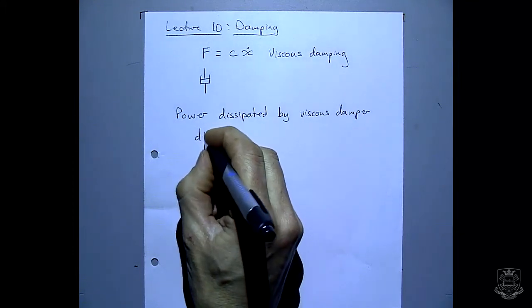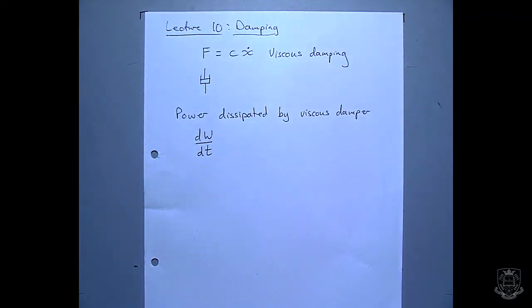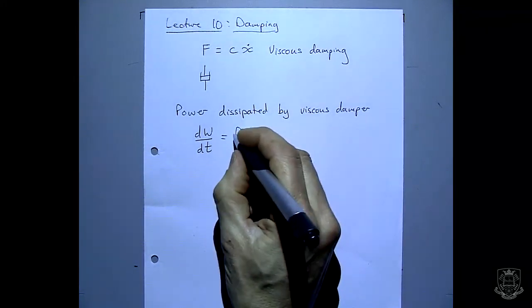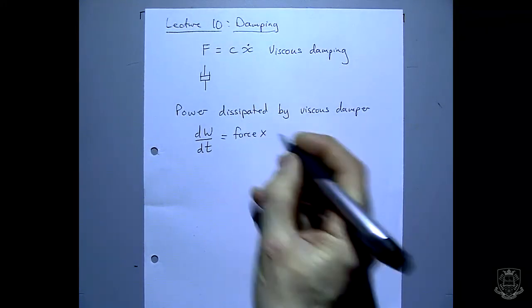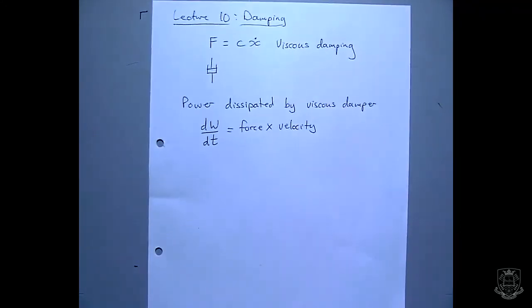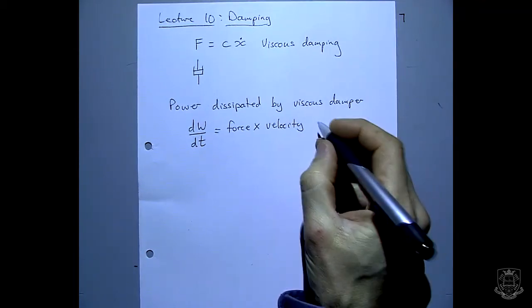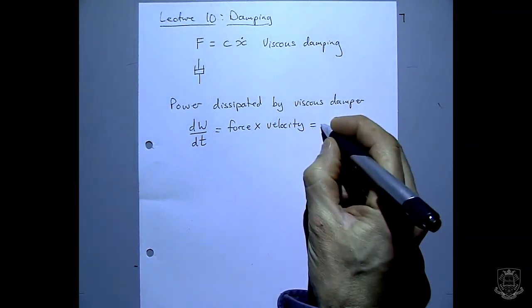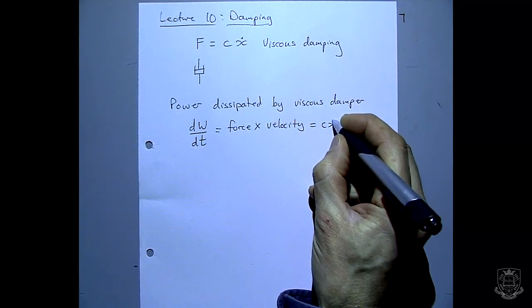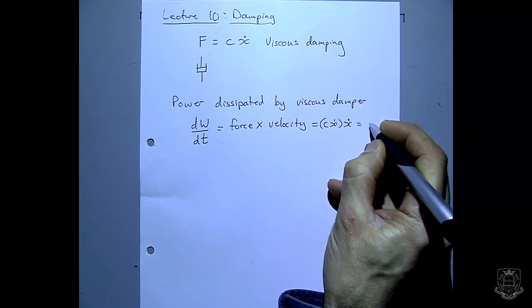So it's sometimes written like this: dW/dt, where W is work, and that's equal to force times velocity. In this case the force is c times x dot, and if we multiply that by velocity, which is x dot, we get c x dot squared.